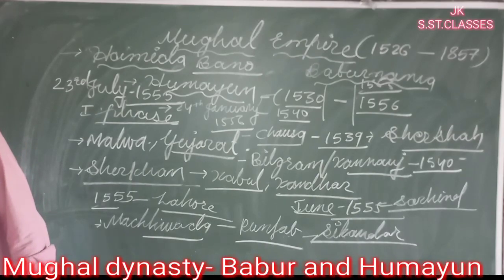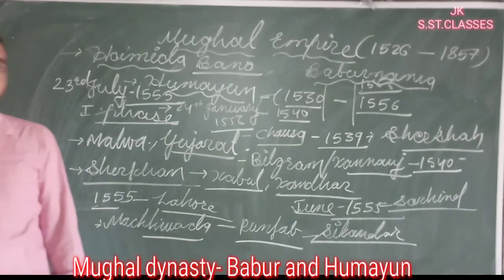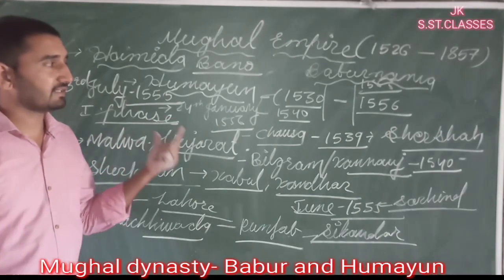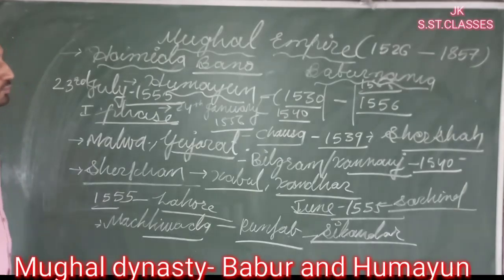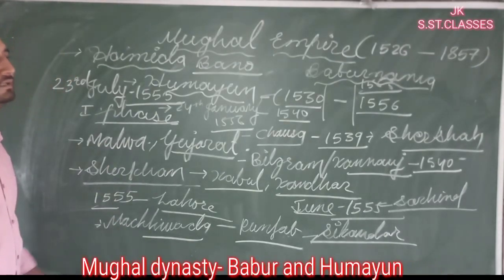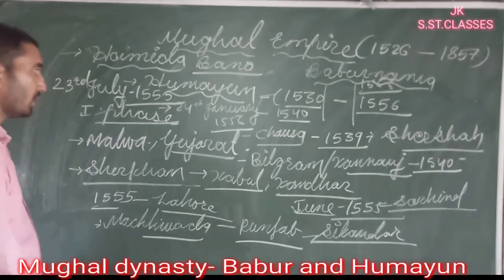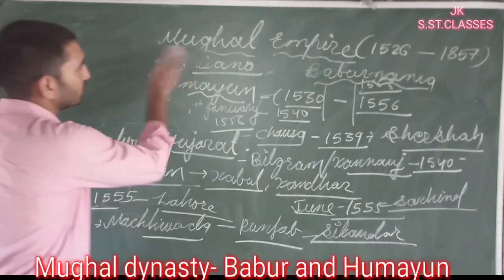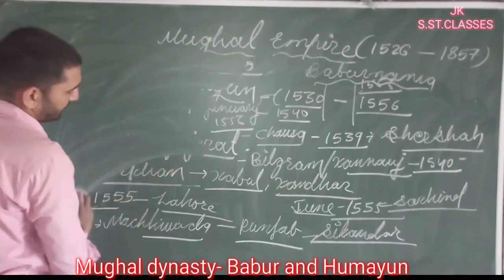Now, here we are going to discuss the time period from 1540 to 1555, when Humayun was in exile and Delhi was under the control of the Soore dynasty, which was founded by Sher Shah.